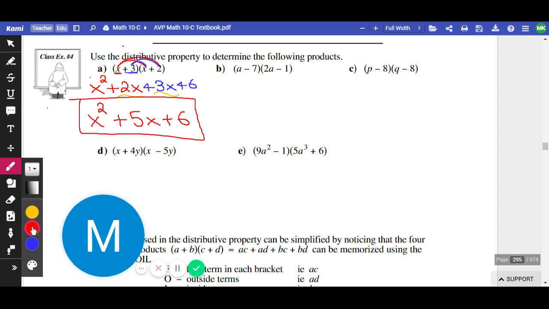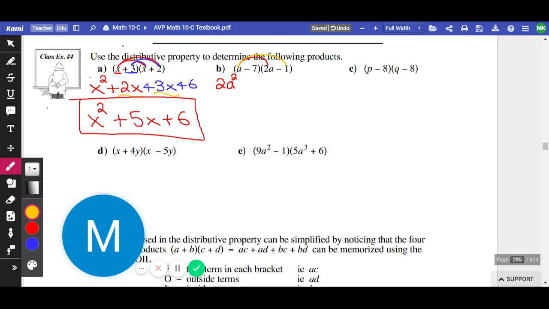So you take your first term of the first binomial and you distribute it to the first term of that binomial. A times 2a becomes 2a squared. Then this a also has to get distributed to the last term out there.